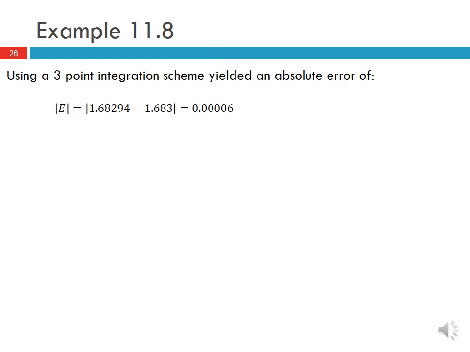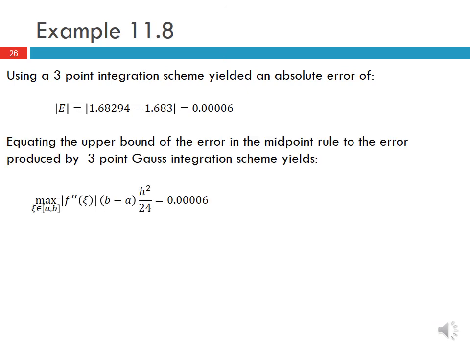So let's take a look at what happens if we use the rectangle method instead. The 3-point integration scheme yielded an absolute error of 0.00006. If we recall the error estimate for the midpoint rule of the rectangle method, we want to find the h required to achieve the same upper bound of our error.